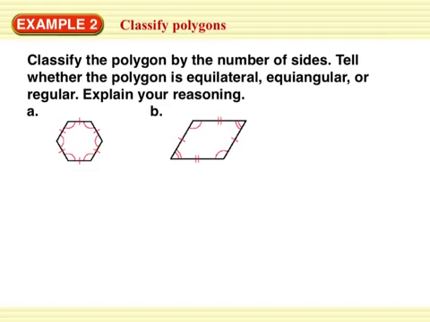So let's explain that equiangular and equilateral a little bit further with these 2 examples. Example A, classify the polygon by the number of sides. Count 1, 2, 3, 4, 5, 6 sides. So we would call that a hexagon, because I have 6 sides.